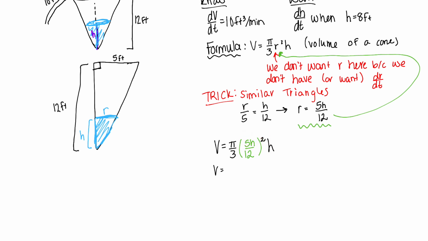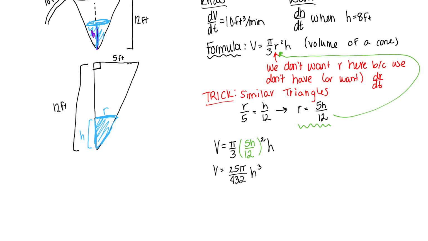You're going to get 5 squared on top, so you're going to have 25 pi over 12 squared, so 144 times 3, should come out to 432, h cubed. That's our new formula that relates in this particular scenario.